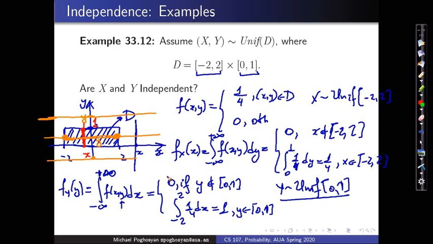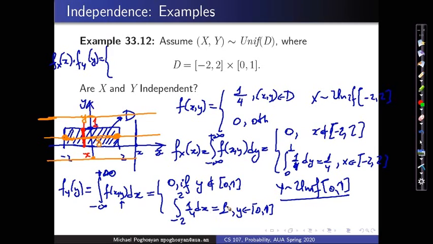Now I need to check if the product of marginals is giving exactly the joint. So let's see what it is giving in this case. I'm calculating here the product of marginals. This is one marginal, and that is the other marginal. I will have 0 if I multiply 0 by this, or 0 by that.